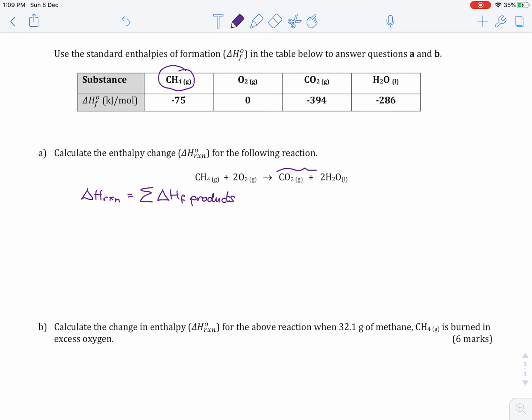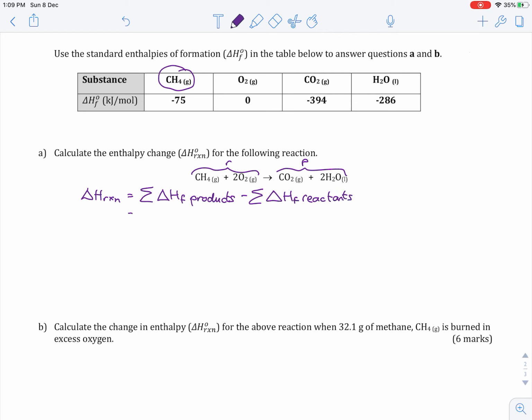That's these over here, the products, and you're going to be subtracting the sum of the enthalpy of formation of your reactants.